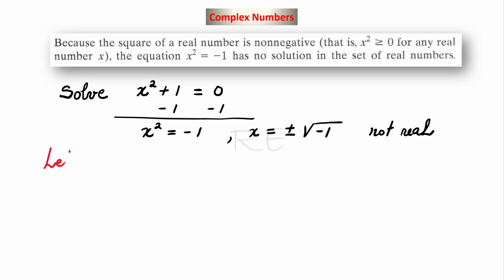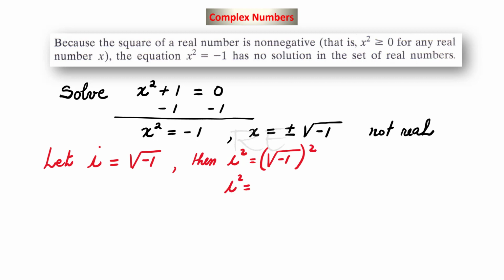So let us define i as square root of -1. Therefore, i squared will be the square root of -1 squared, which is -1.